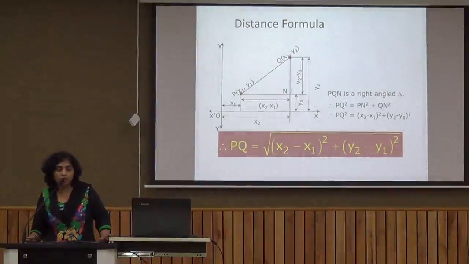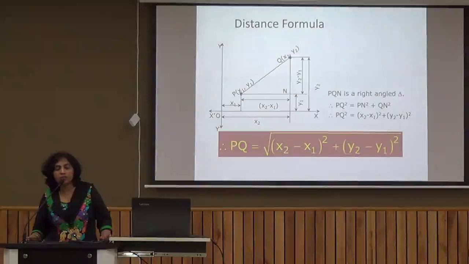So the horizontal distance from the y-axis is x1 and the vertical distance from the x-axis is y1. Similarly, at point Q, the horizontal distance from the y-axis is x2 and the vertical distance from the x-axis is y2. So let's take triangle PQN.